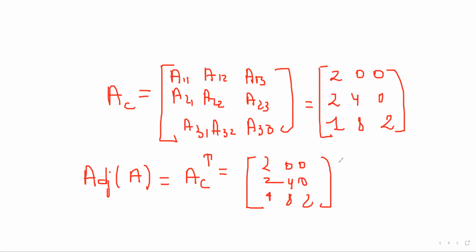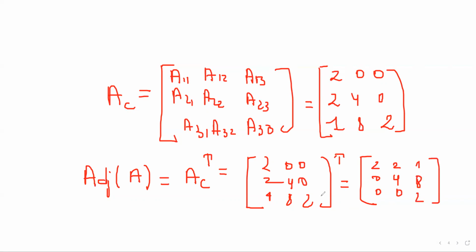Its adjugate is going to be, you know, the transpose is the interchange of rows with columns. So it's going to be 2, 0, 0. The rows become columns, and the columns become the corresponding rows. So 2, 2, 4, 0, and 1, 8, 2.